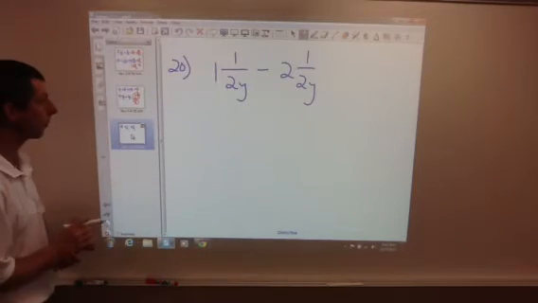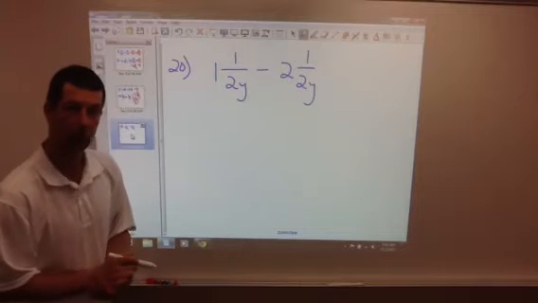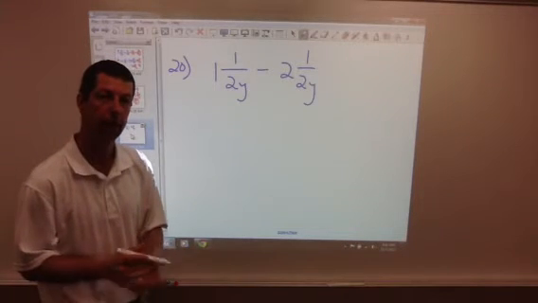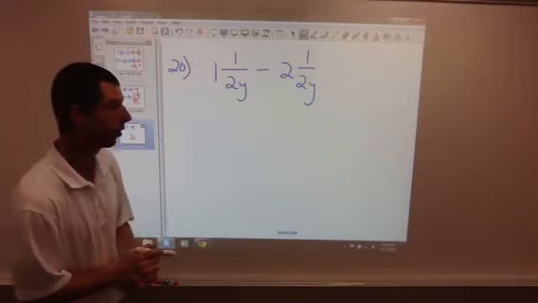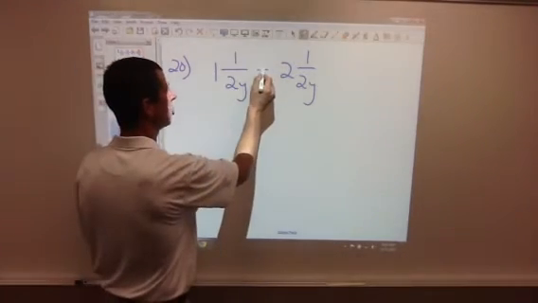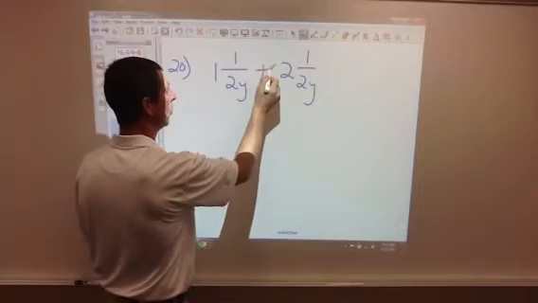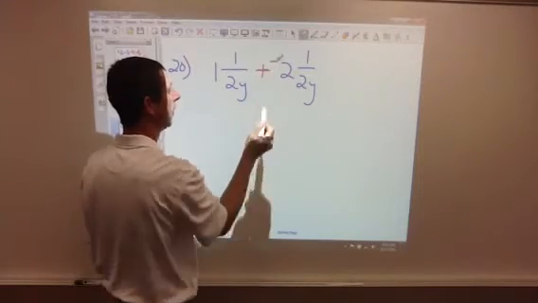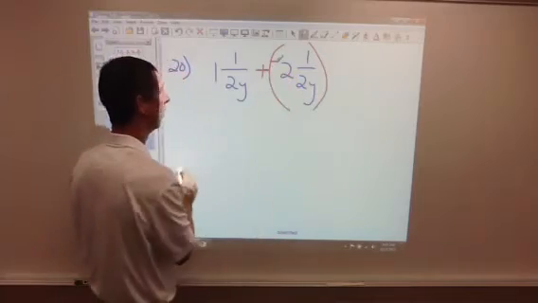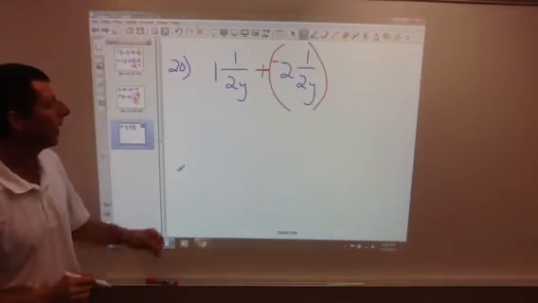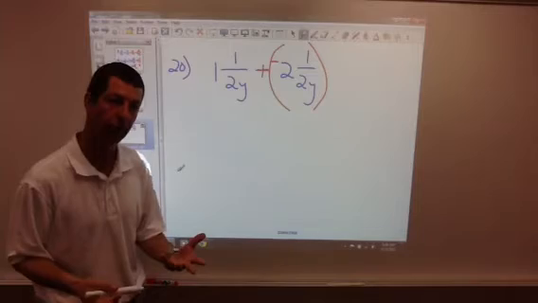Okay, here's a pretty difficult one. We're going to use a concept called adding the opposite. We're going to make this an addition problem. What we can do is change subtraction to addition and the very next number to its opposite. So this problem would become this right here. Now we can follow the rules that we've learned already.